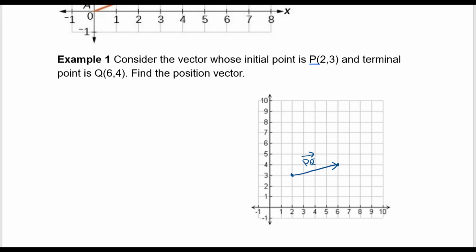But for the position vector, what do we have to do? Move this down 3 to the left 2. Move this down 3, 1, 2, 3, to the left 2. And we would get this vector here, which would be <4, 1>. So it goes over 4, up 1.